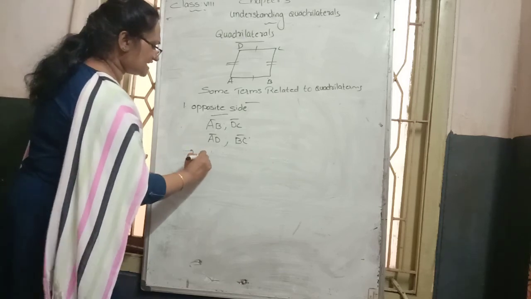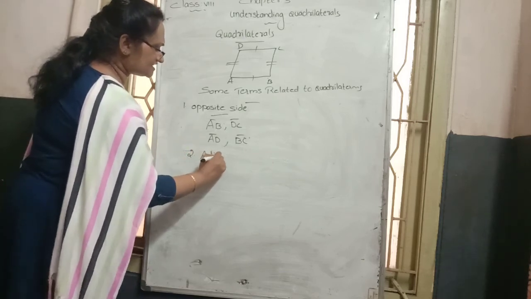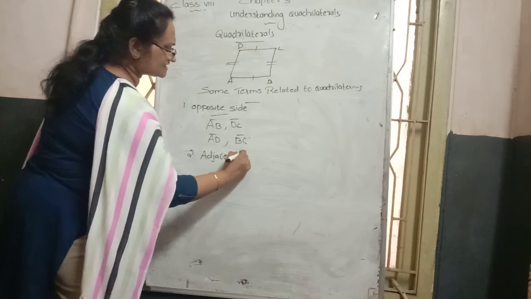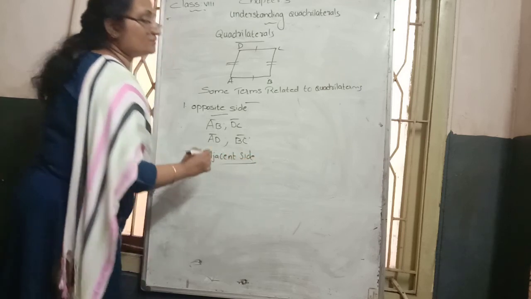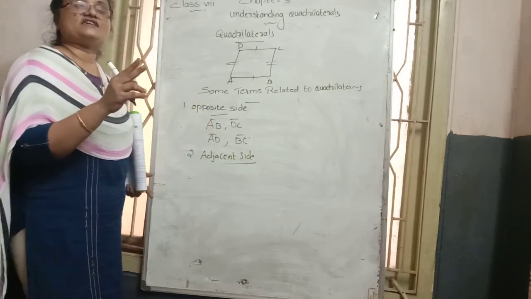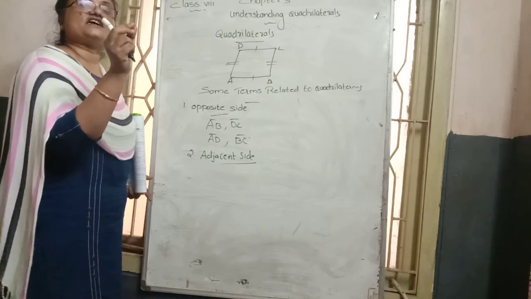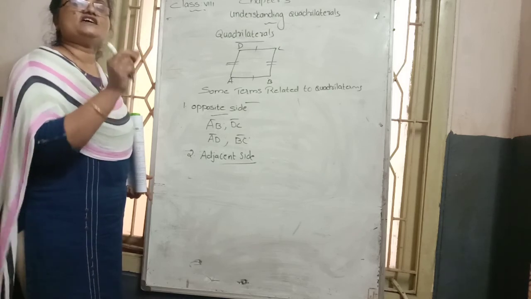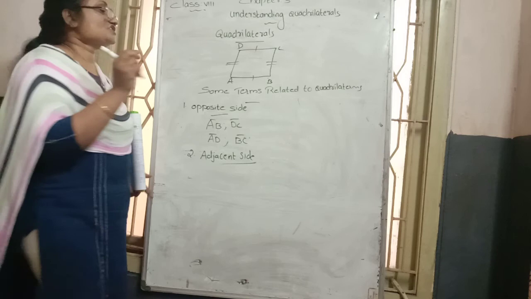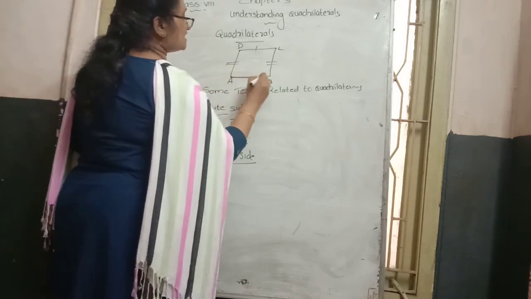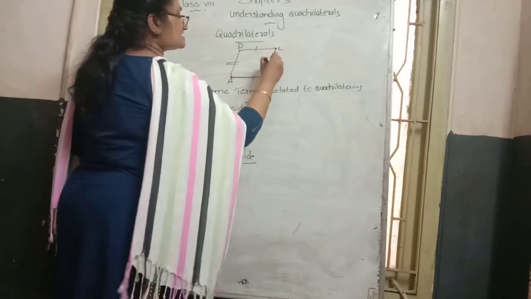The next term is adjacent side. Adjacent sides are two line segments joining at one common point. See, AB is a line segment and BC is a line segment.